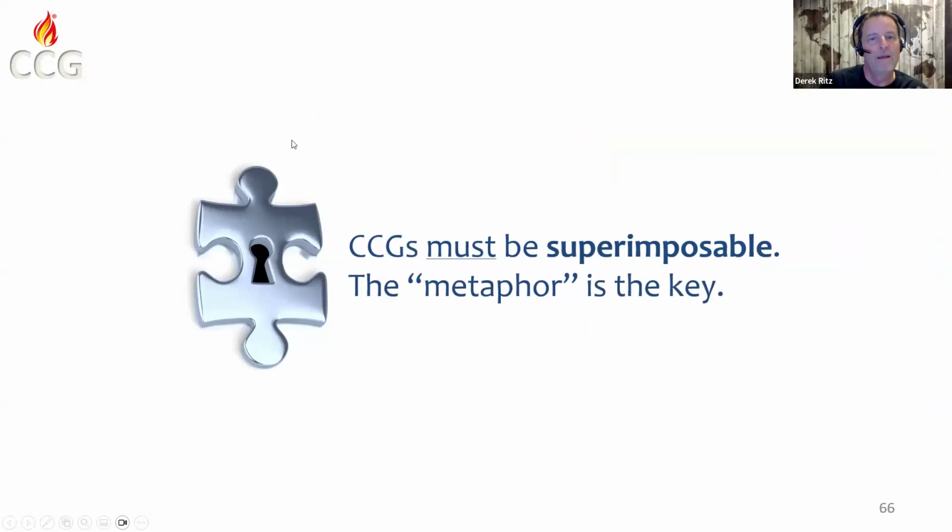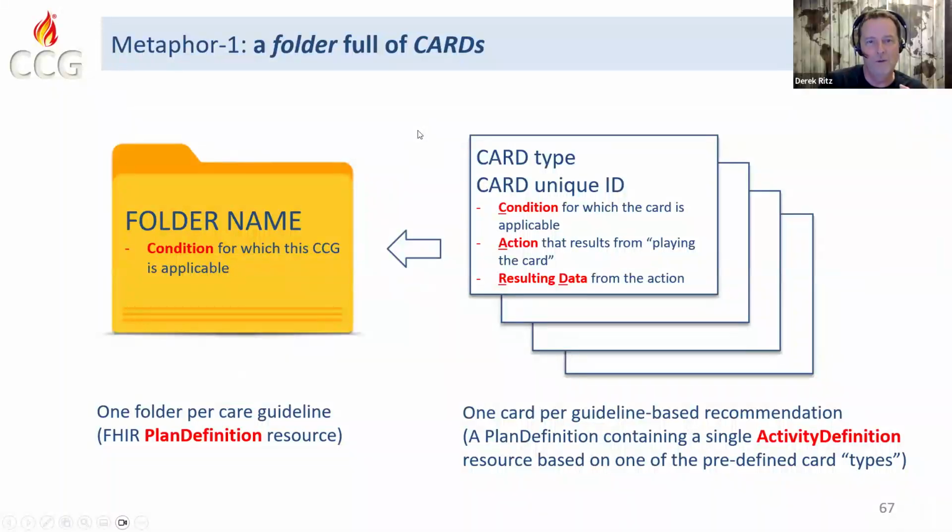Now, for CCGs to be superimposable, and they must be superimposable, the metaphor is the key. So metaphor number 1 is we express a computable care guideline as a folder full of cards, and CARD is an acronym.